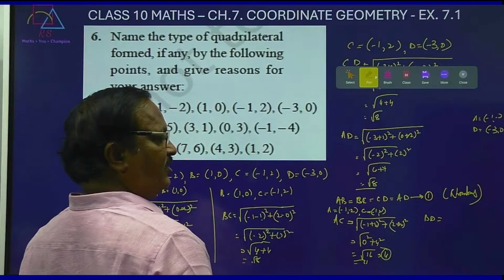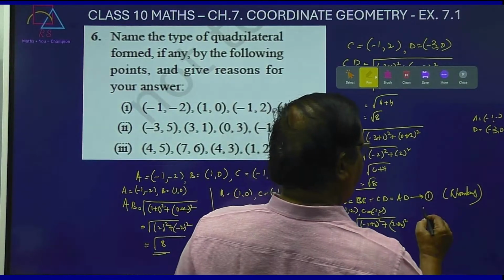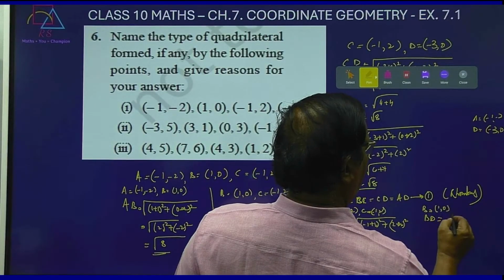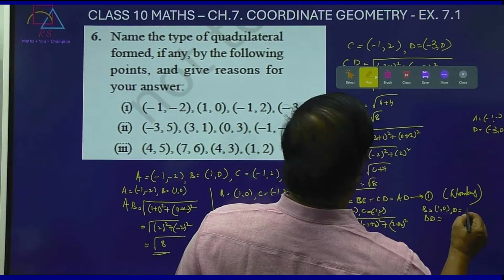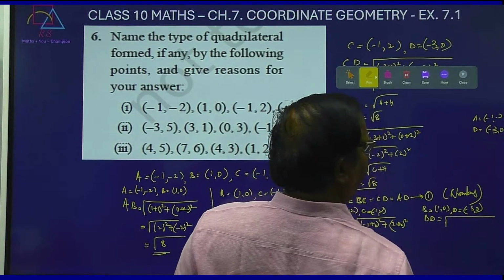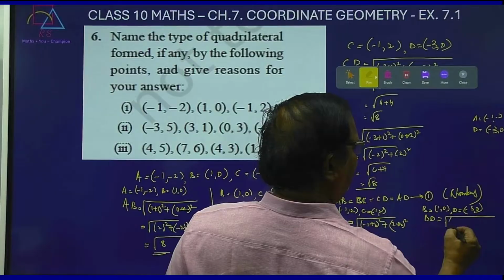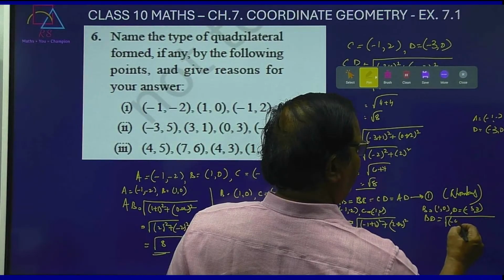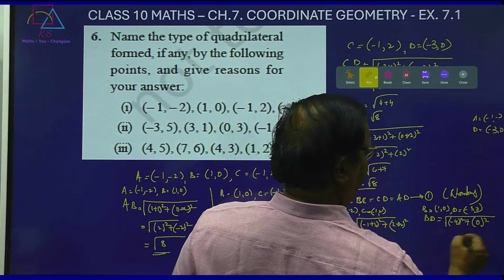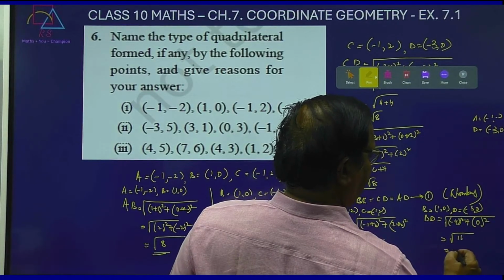Now let us find out BD also. B is equal to 1, 0 and D is equal to minus 3, 0. So how much it will become? Minus 3 minus 1, so minus 4 whole square, 0 minus 0 whole square. So root 16 is equal to 4.